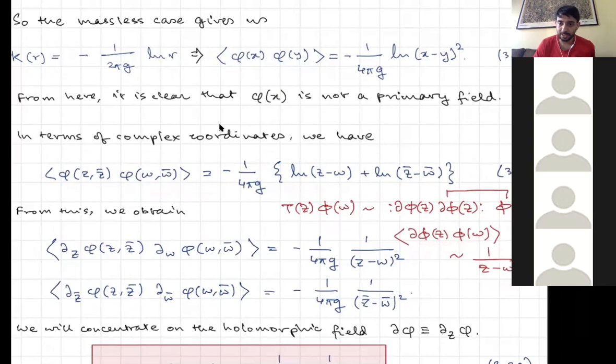And you can just plug this back in now, and what you will see is that you're going to get something which is the del phi of z by z minus omega. And this is a z, so you need to have a del. So that's the only piece that you're going to get, right?